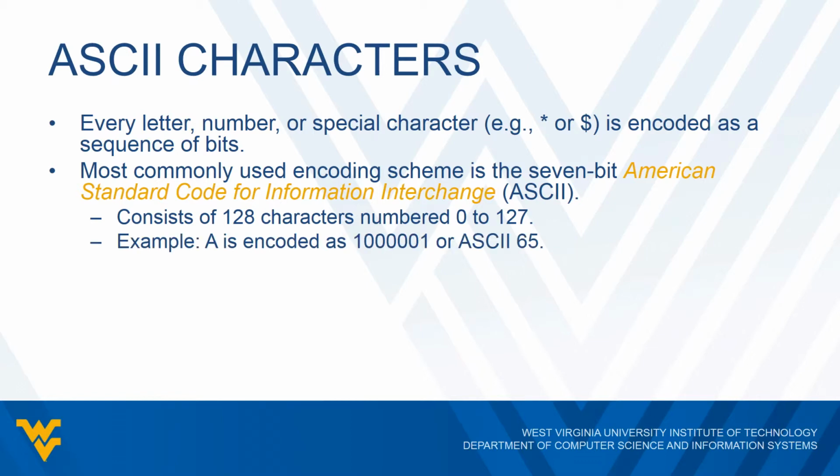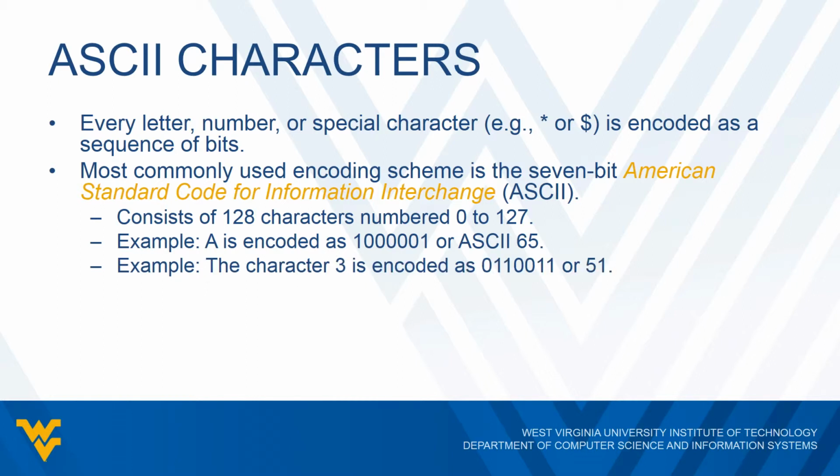So let's take our A example from earlier. If we were to store A in our memory, it would actually be stored as 10000001, but the ASCII equivalent of that is actually 65. Another example would be the number 3.